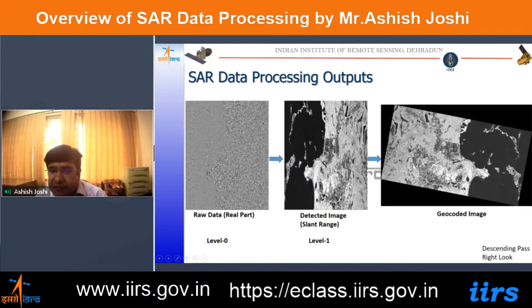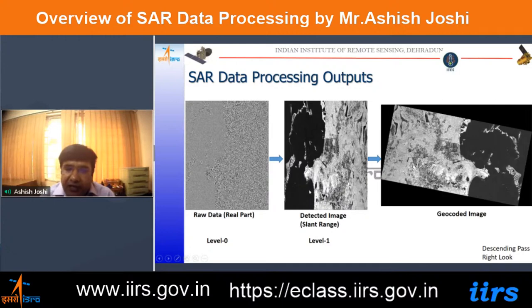You can see this feature is now coming here because SAR is an active sensor and it can image both right and left, and also in the ascending pass and the descending pass. So there is a lot of flipping of the features. It can be flipped either in the vertical direction or in the horizontal direction. Any feature in the slant range geometry can be flipped.